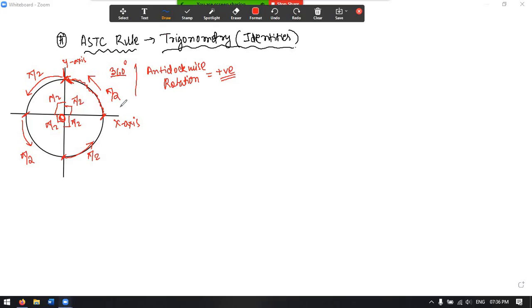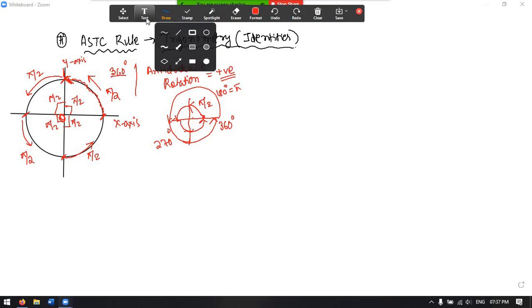The basic rule is that when you go from this point to this point, you take it as 90 degrees, and this whole angle will be taken as 180 degrees, or it can be written as pi. When you travel another 90 degrees, the whole angle will be 270 degrees, and after another 90 degrees, 360 degrees, and we can move on as many times as we want.